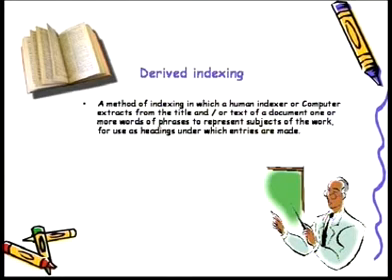Derived indexing is a method of indexing in which a human indexer or computer extracts from the title and/or text of a document one or more words or phrases to represent the subjects of the work, for use as headings under which entries are made.